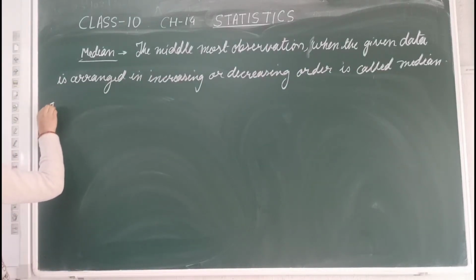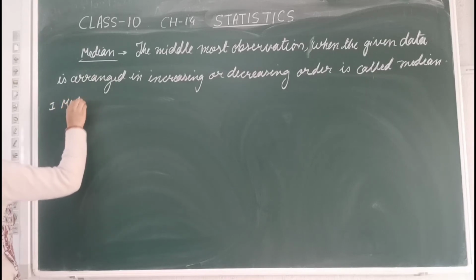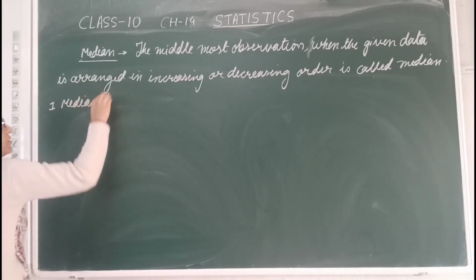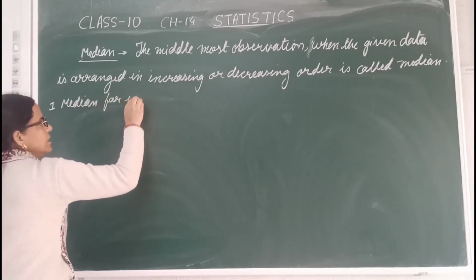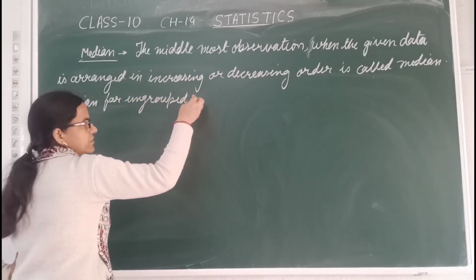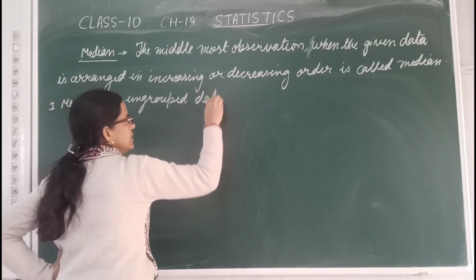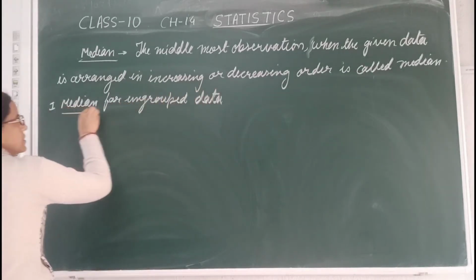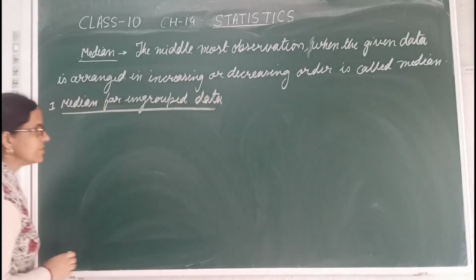Now number 1, median for ungrouped data, which to some extent you are familiar with. Ungrouped data. The formula first I am writing.